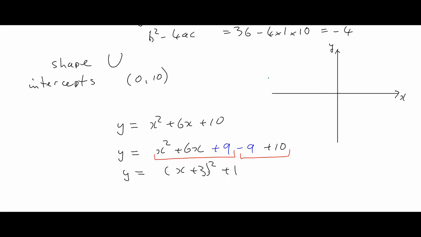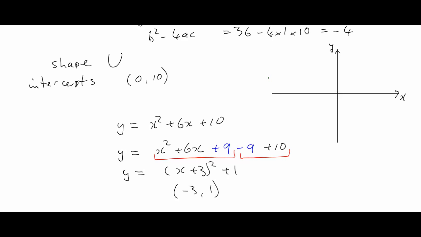A square is always positive. The minimum value for that is 0, and that occurs when x equals minus 3. So for y, the minimum value occurs when this is 0, x is minus 3, and we're just left with 1. So we have this minimum value at minus 3, 1.